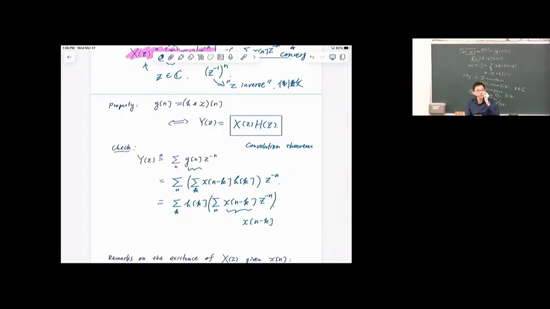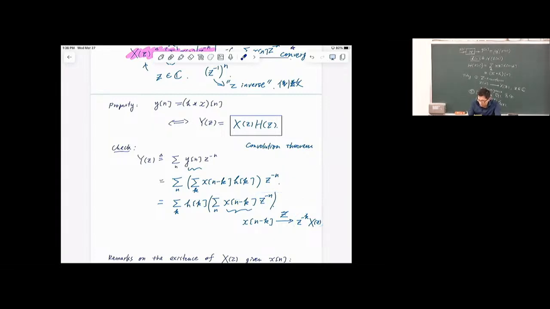When the signal is delayed by k samples, the corresponding z transform has a factor of z to the minus k in the front, and then X of z. Okay, that's a shift theorem, a property which you can easily check. Yeah, this is true.